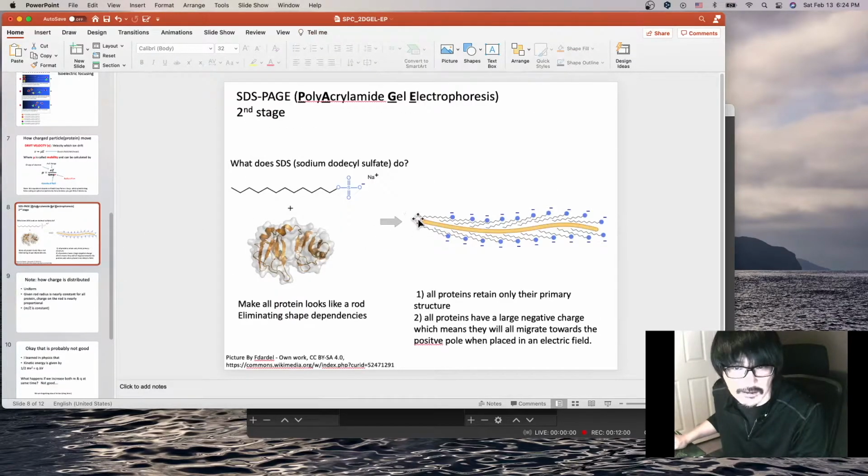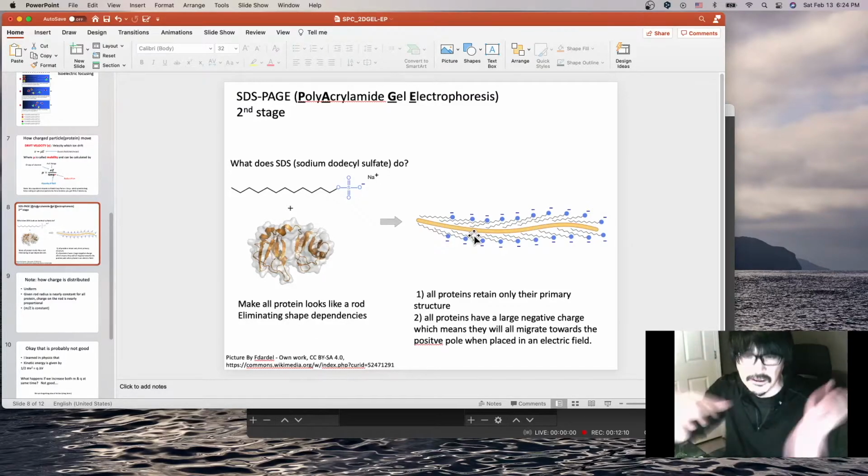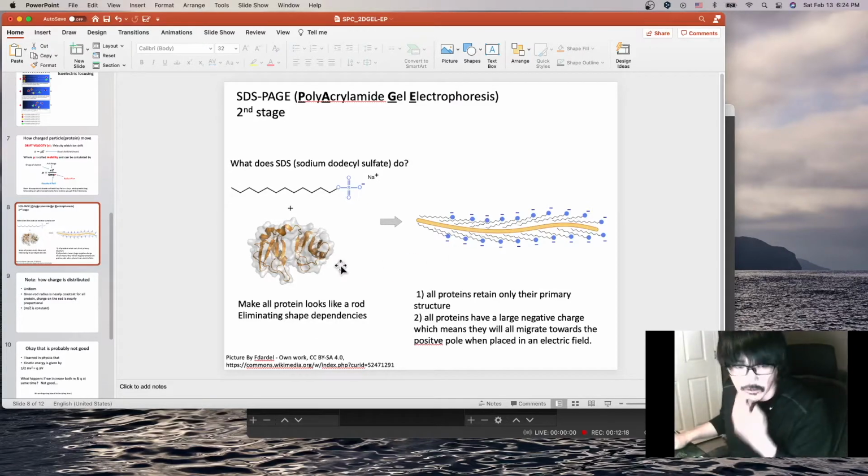given that the size of the rod is uniform, meaning that no matter what protein you get, the rod is not going to be thick or narrow. It's mostly uniform, so we ignore the radius of the rod. You just care about the rod length.